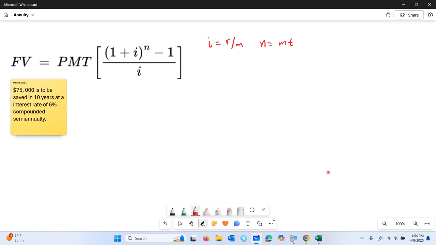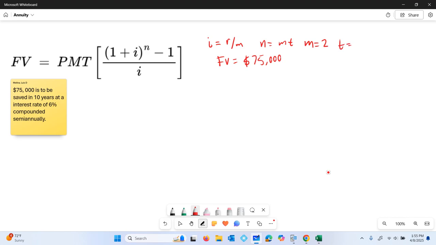And here we have that the future value for this example is $75,000 to be saved in 10 years at an interest rate of 6% compounded semi-annually. Now that means that M would be equal to 2 since it's semi-annually.